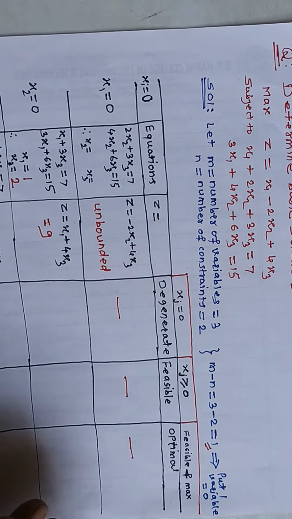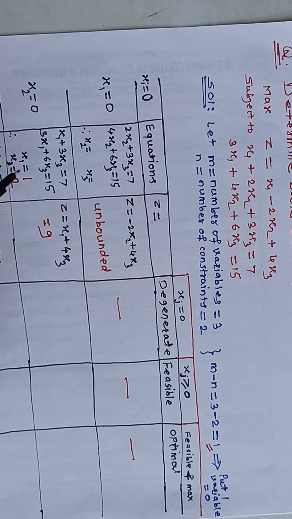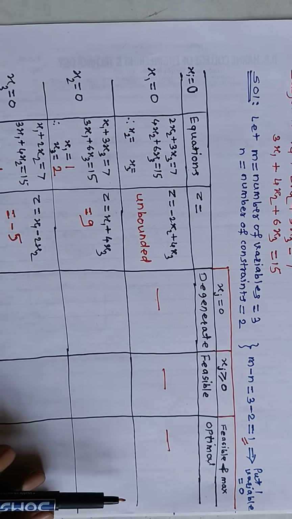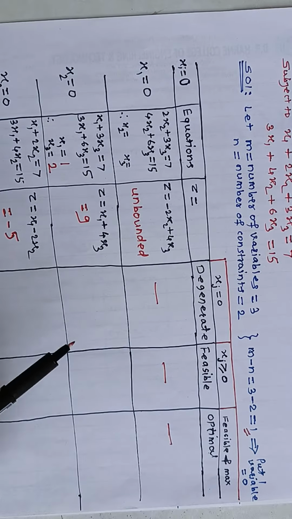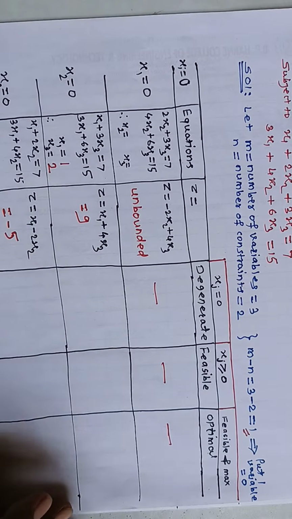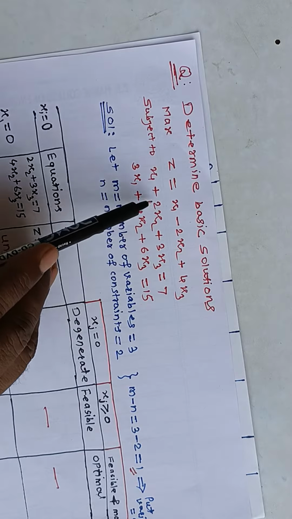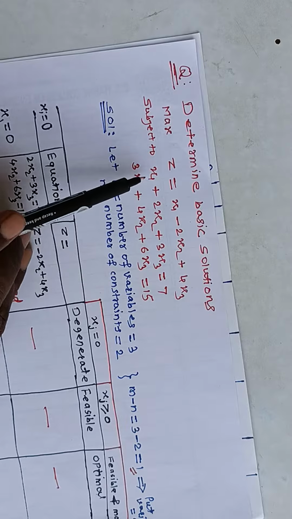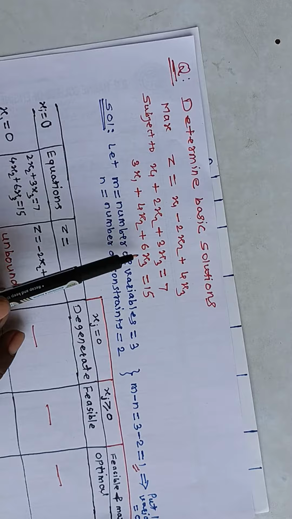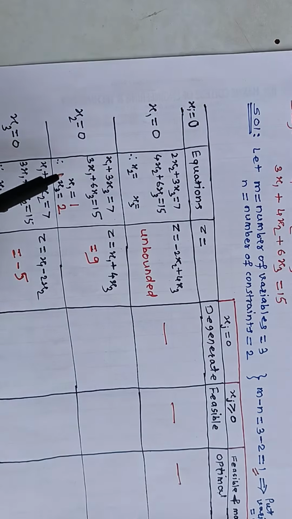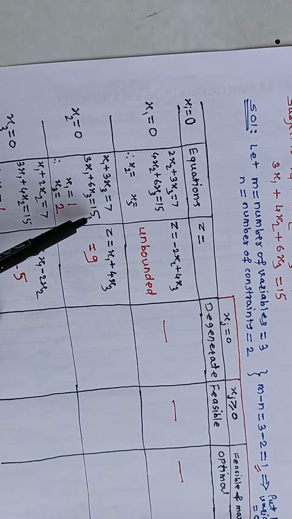Now move towards the second row. Here we are assuming x2 is equal to 0, the second variable out of x1, x2, x3. Then if we substitute x2 is equal to 0 in the constraints, the equations become x1 plus 3x3 is equal to 7 and 3x1 plus 6x3 is equal to 15.